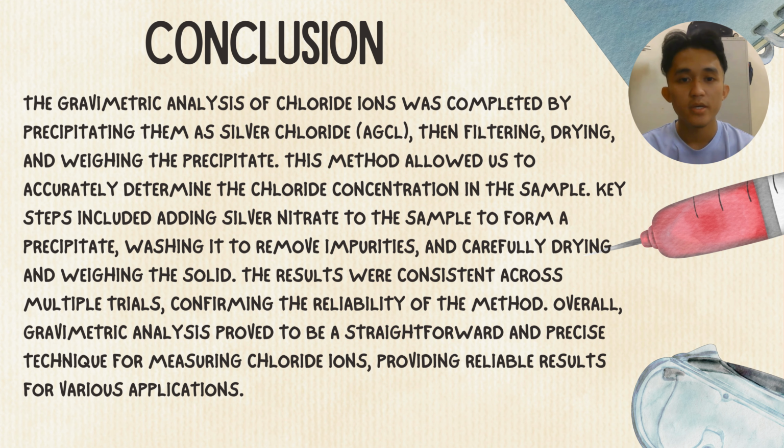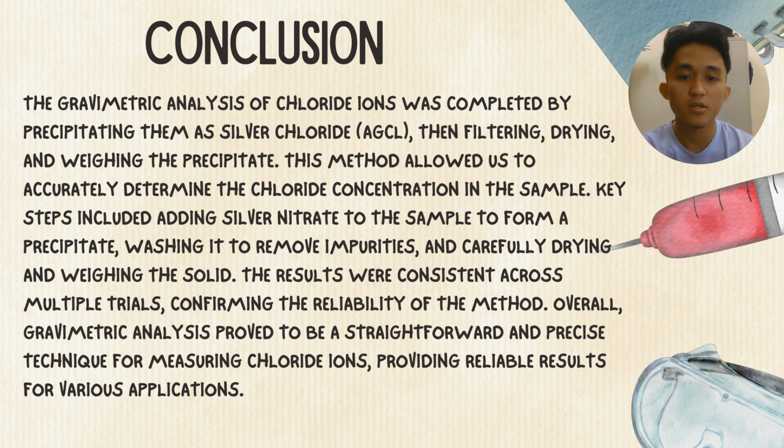As a conclusion, the gravimetric analysis of chloride ion was completed by precipitating it as silver chloride, then filtering, drying, and weighing the precipitate. This method allowed us to accurately determine the chloride concentration in the sample. Key steps included adding silver nitrate to the sample to form a precipitate, washing it to remove impurities, and carefully drying and weighing the solid.